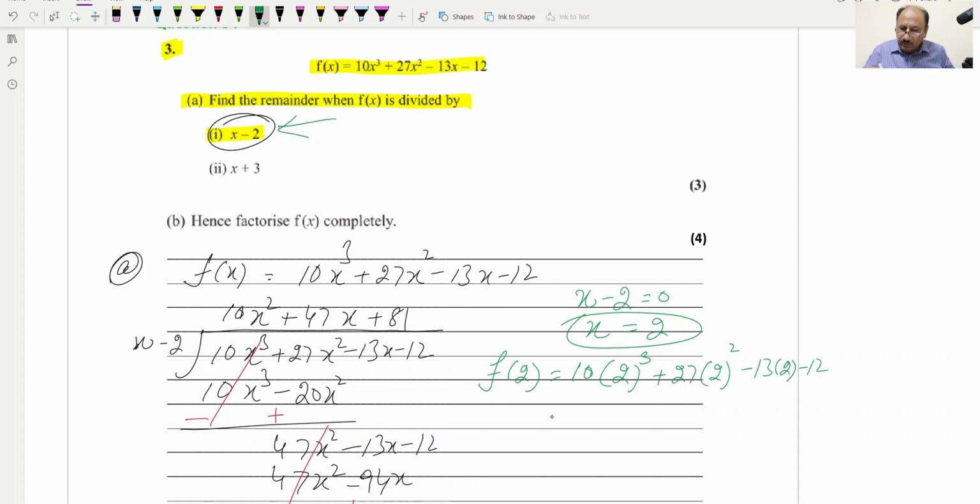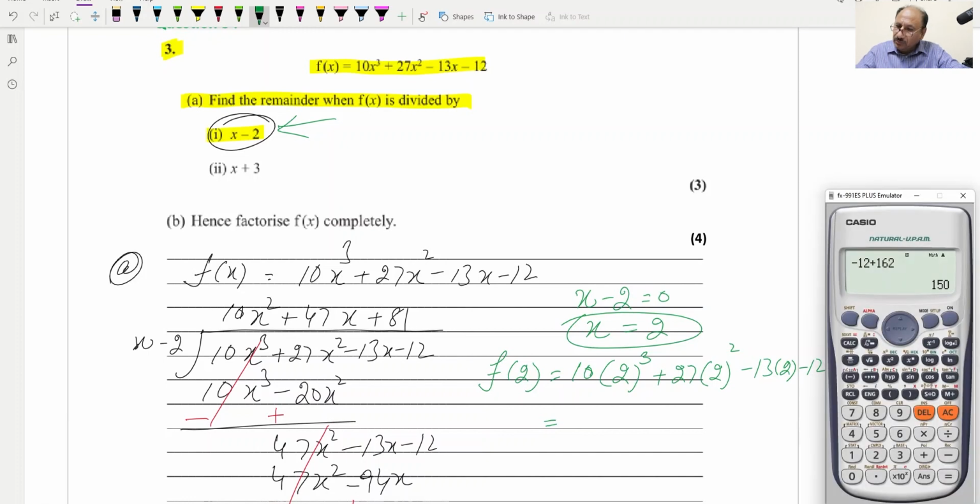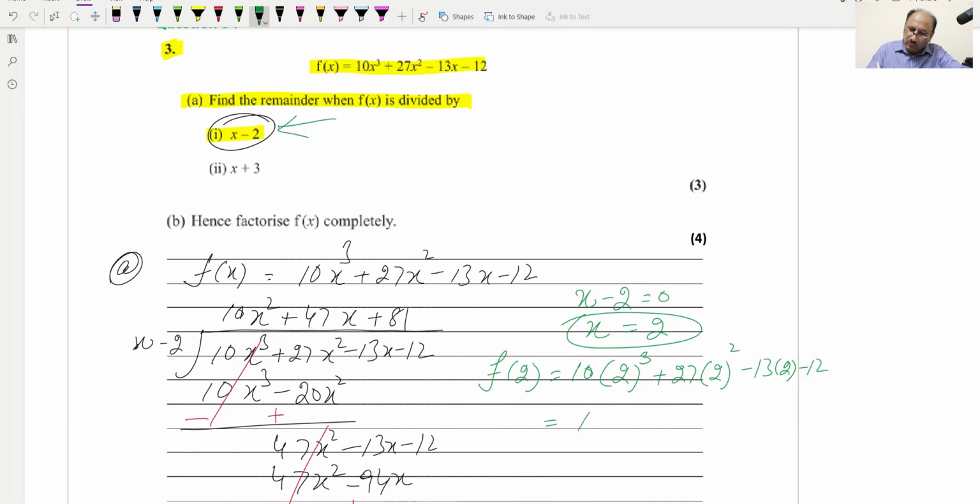Now we can simplify this: 10 into 2 cubed, plus 27 into 2 squared, minus 13 into 2, minus 12, and this is equal to 150. So this is the easier way. By applying the remainder theorem we can reach 150.